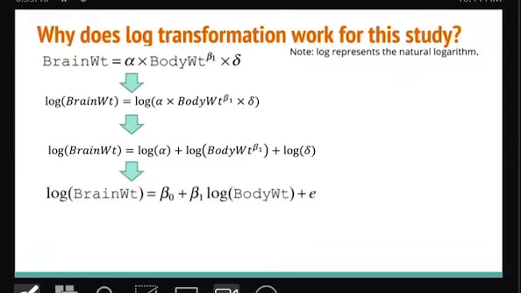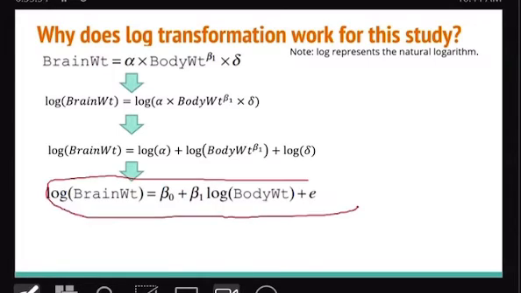This is the model we use eventually. This model is linearized after taking the log. But what was the origin? This is the origin of the model. It was multiplicative initially.